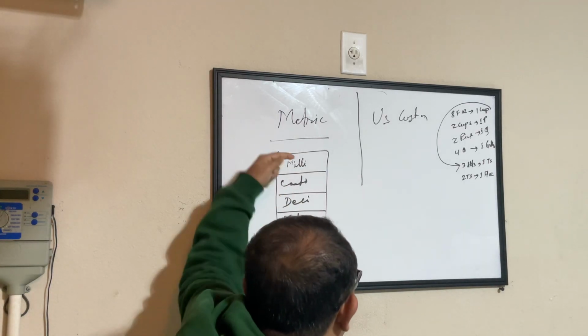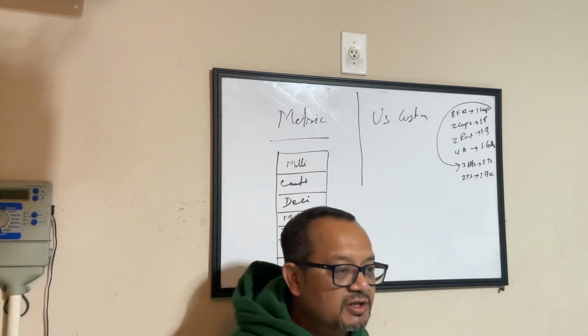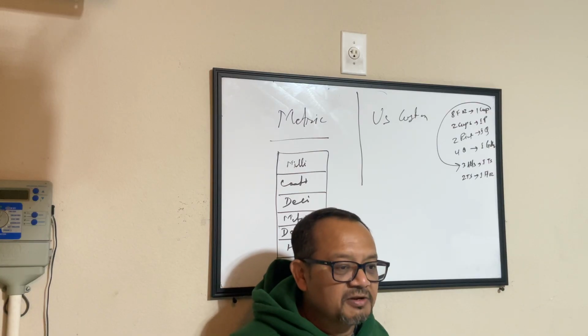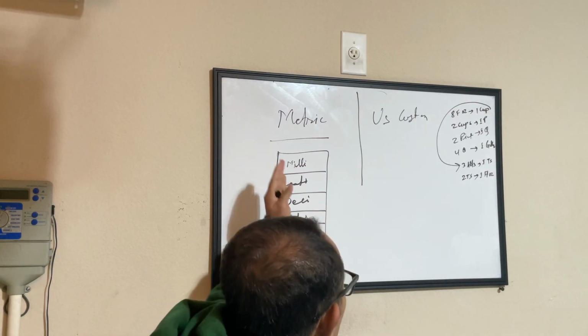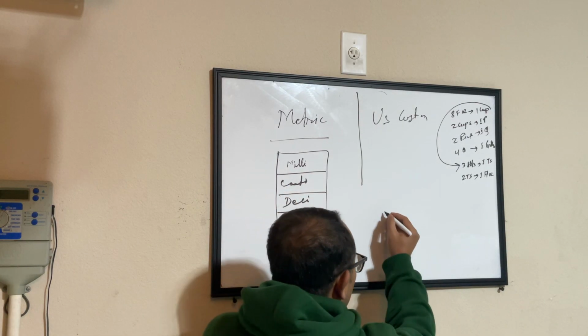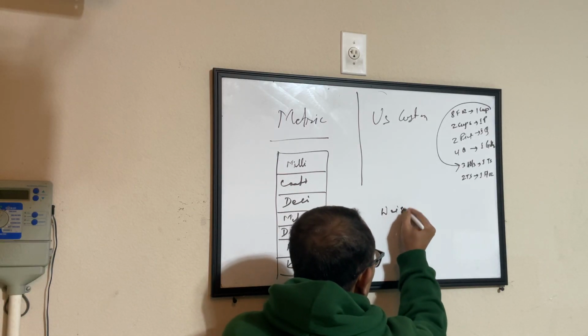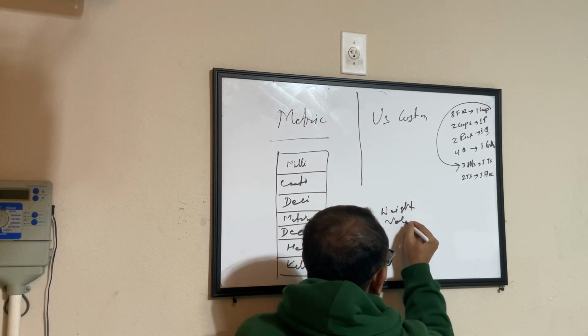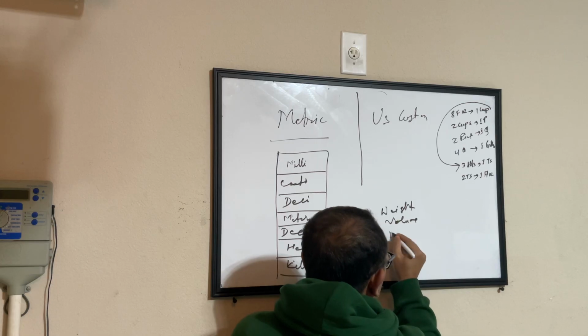So this song, milli, centi, decimeter, deca, hecto, kilometer, is a universal song that you can remember to know about all the 3 elements that you want to measure. Be it weight, be it volume, be it distance.